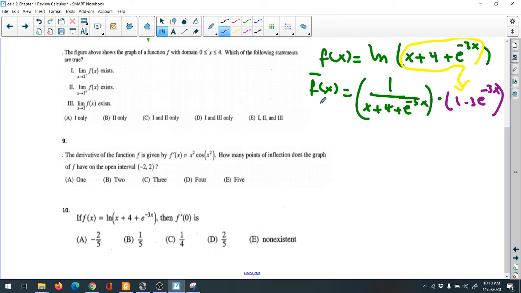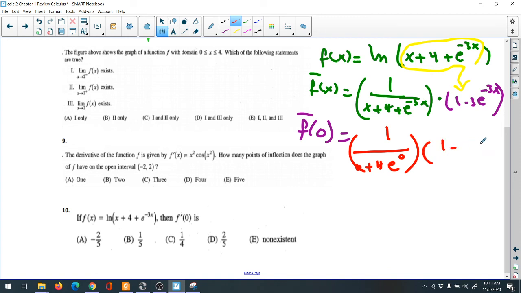We want to evaluate the derivative when x is 0. So we'll substitute for 0. So it's 1 over 0 plus 4, and this is e to the negative 3 times 0, which is 0, times 1 minus 3 e to the negative 3 times 0, which is still 0.